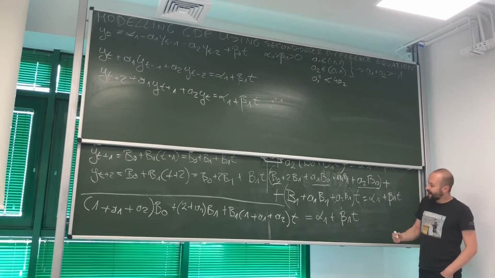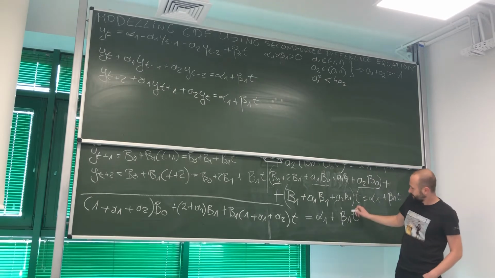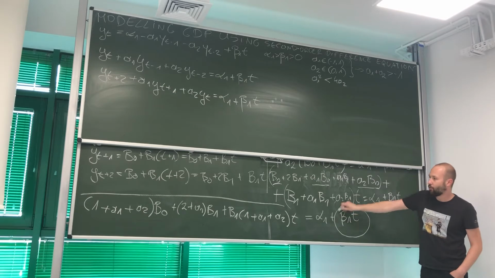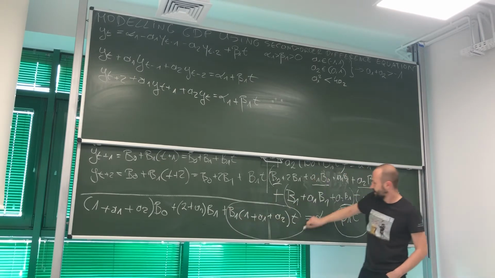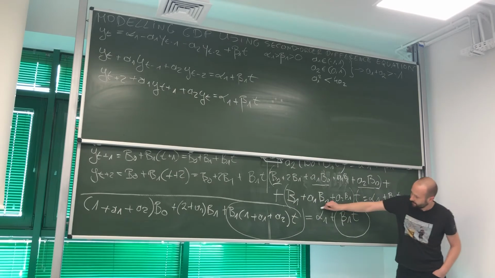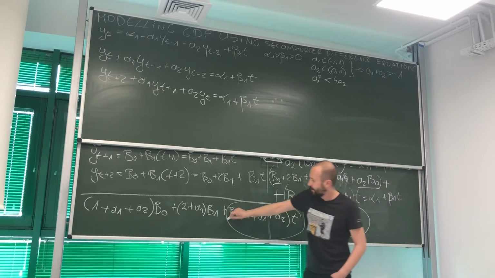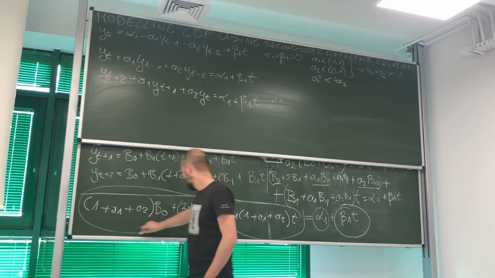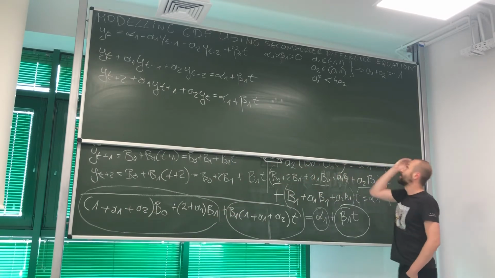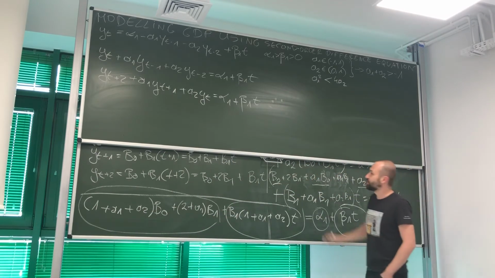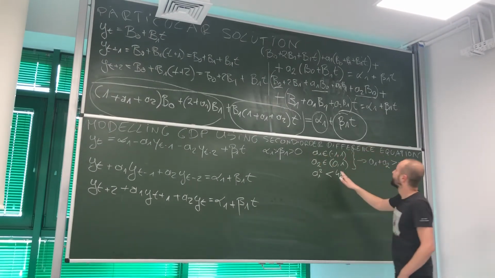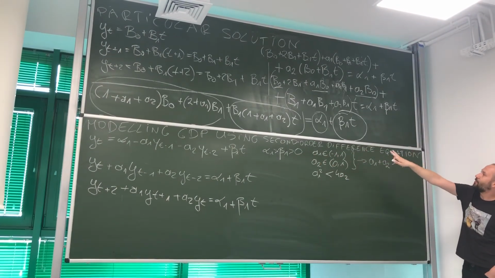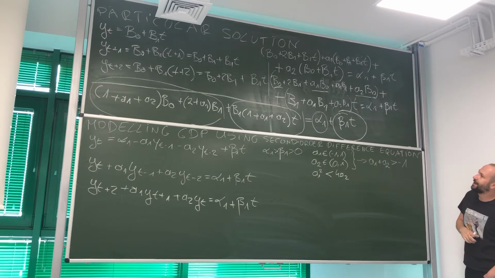And look, now we can clearly see that over here we've got similar expressions, and over here we also have similar expressions. So what should we do? We need to now calculate how much is beta 1 and how much is alpha 1.